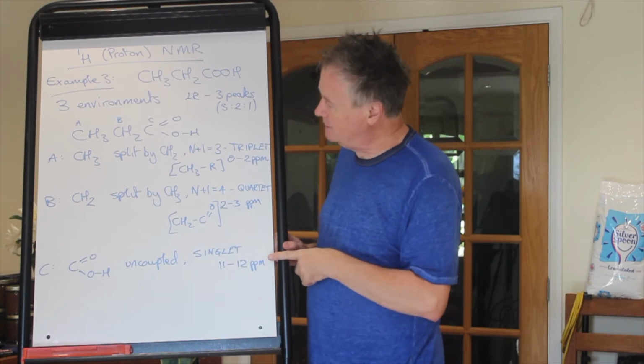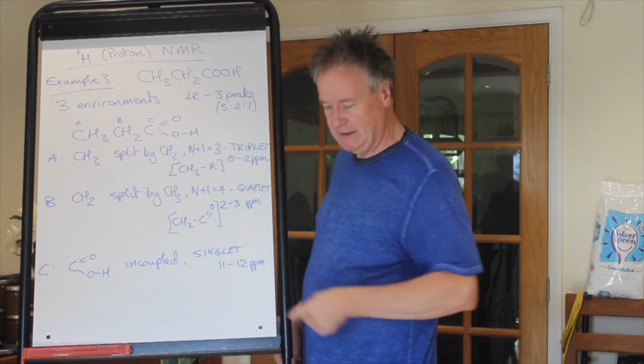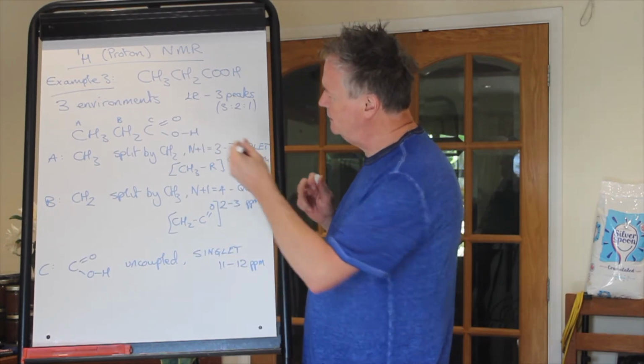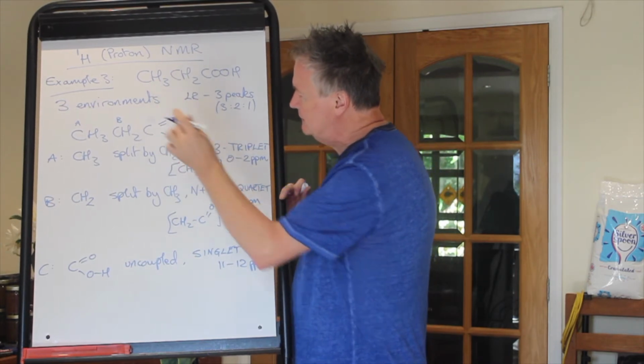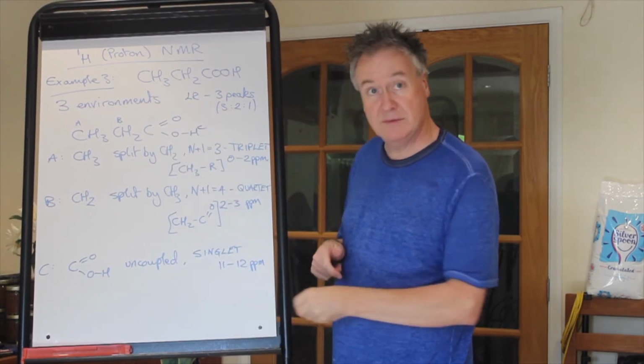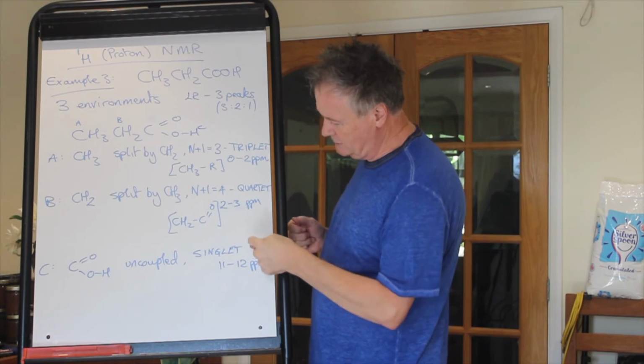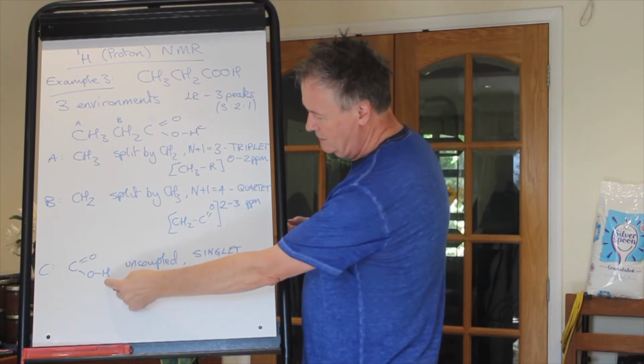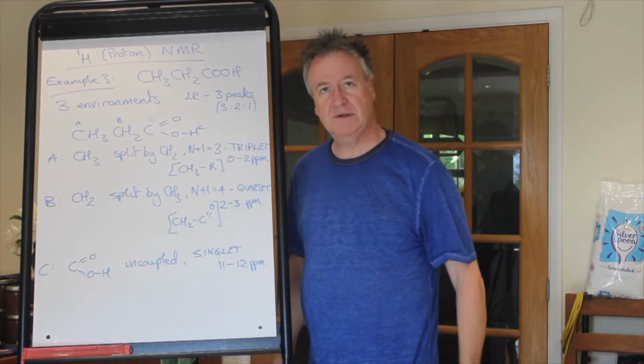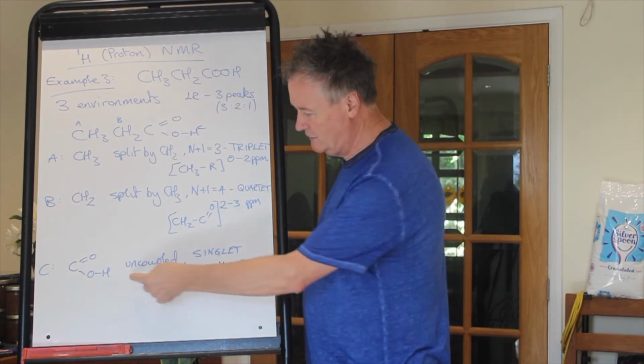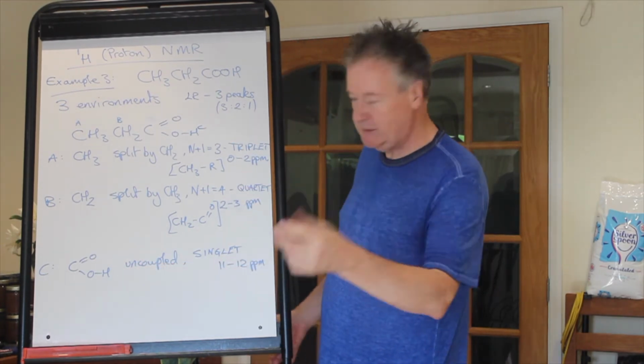And then we get down to the one on carbon C. Actually, I should really have labelled it, I labelled it wrong. I should have put the C there, because it's obviously the hydrogen we're referring to. So that hydrogen is attached to an oxygen. Oxygen, no coupling, so it's decoupled or uncoupled, whatever word you want to use.